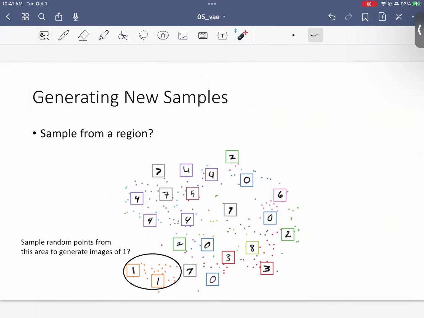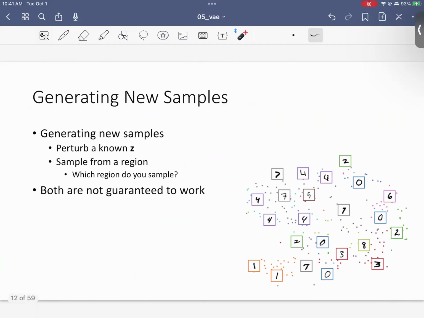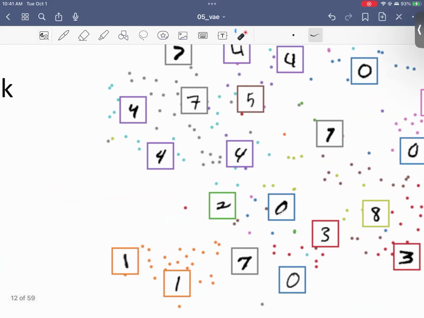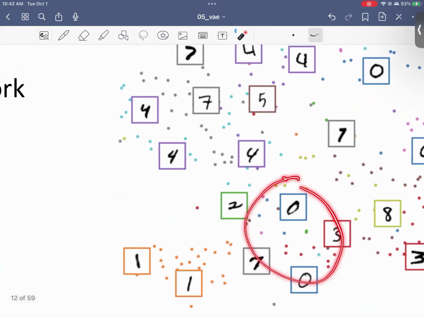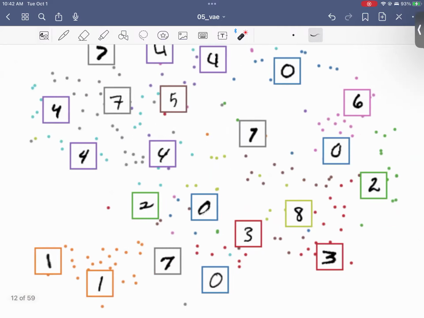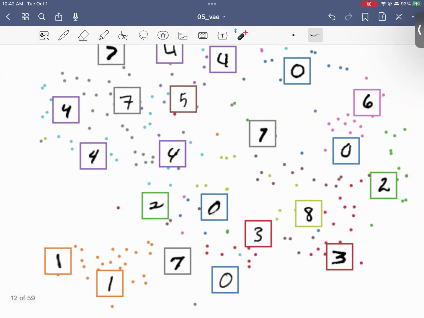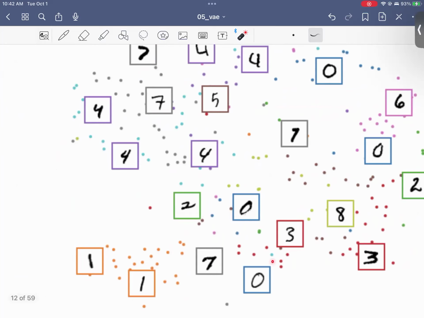But that wouldn't always guarantee that you would get a nice one. Both are not really guaranteed to work because, for example, if you perturb too much, then it will not look like a one. Let's go to our easier region. I think this blue is a 0 and this red is a 3.